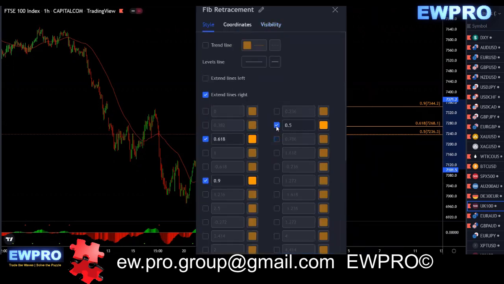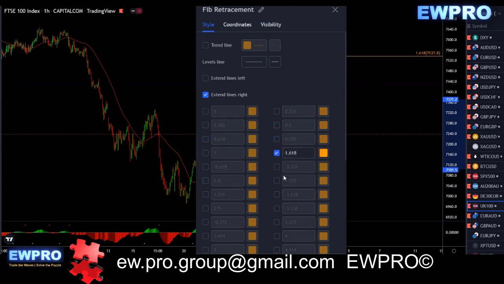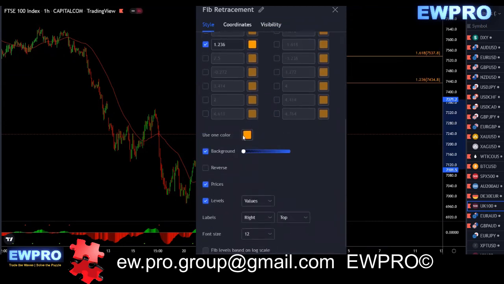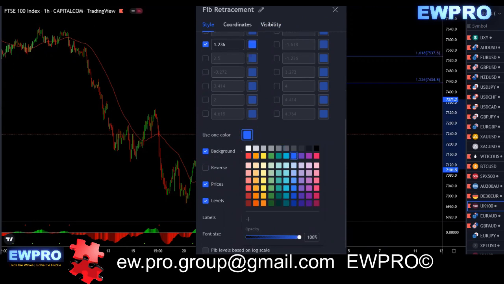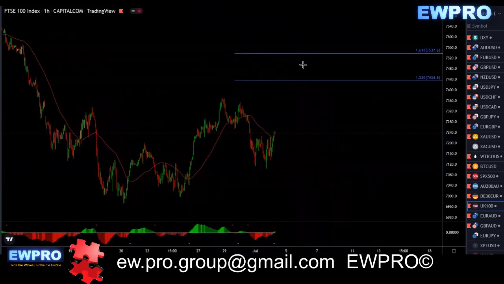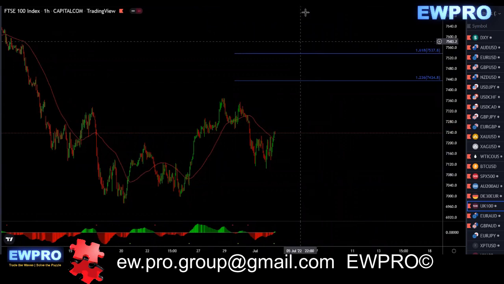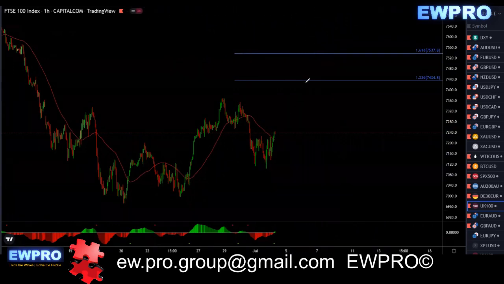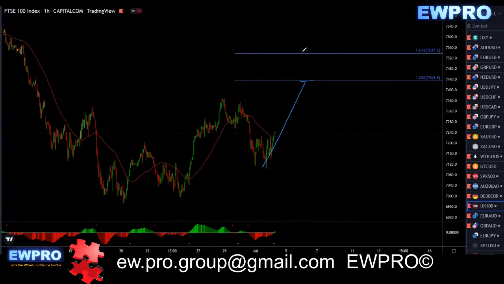So you're looking at that 161.8 and the 123.6 as your targets. You definitely want to be at break even at the break of that top. And if you get the sell setup, definitely look for the sell.